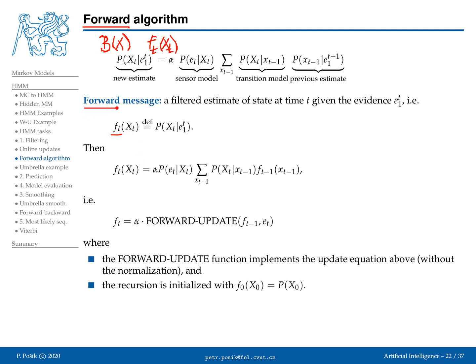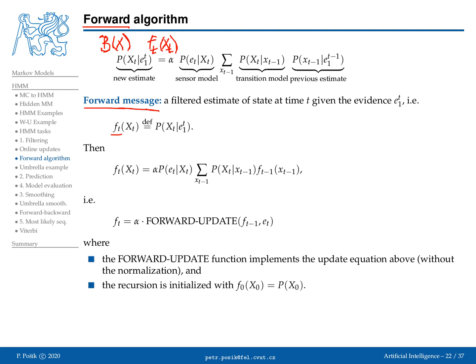And now we call it a forward message that is basically passed forward through the hidden Markov model. I use these three notations not to try to mess it up, but because it emphasizes three different views on the forward algorithm.